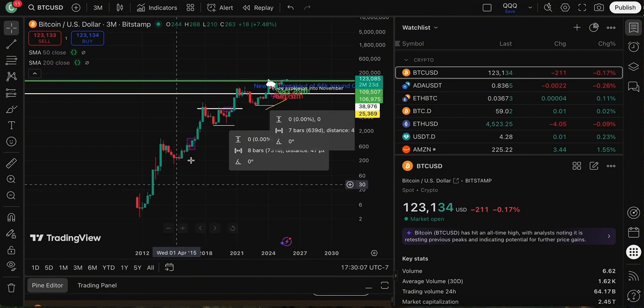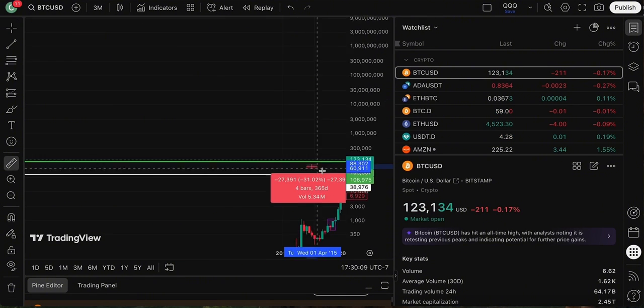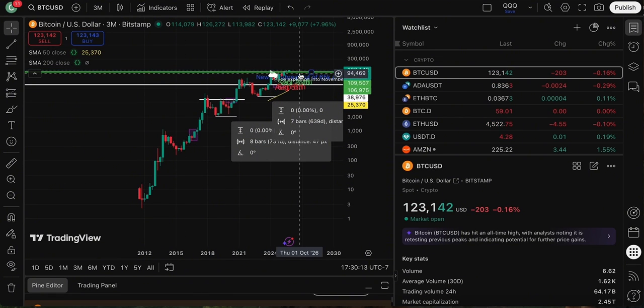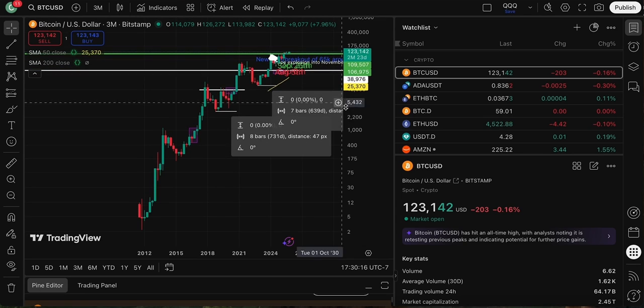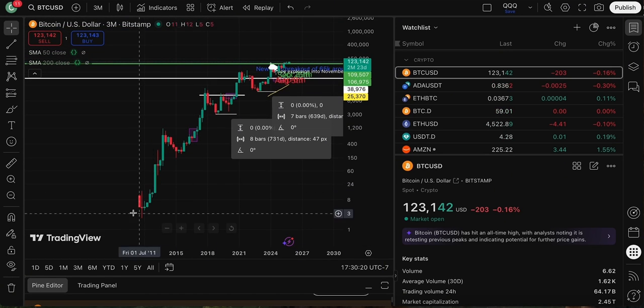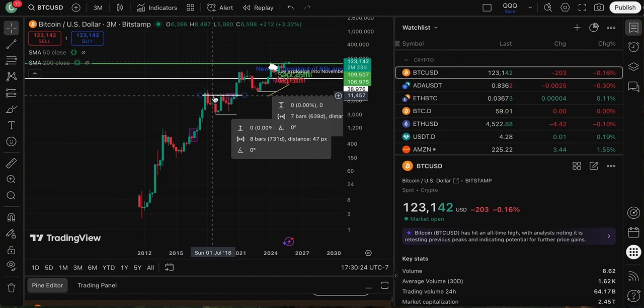Everything is just a mirror. This chart, these candlesticks are just a mirror of what is happening to your dollar. This is a reflection of what is happening to your dollar. It is going down, down, down.